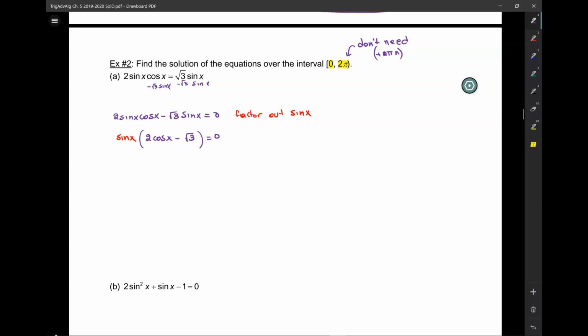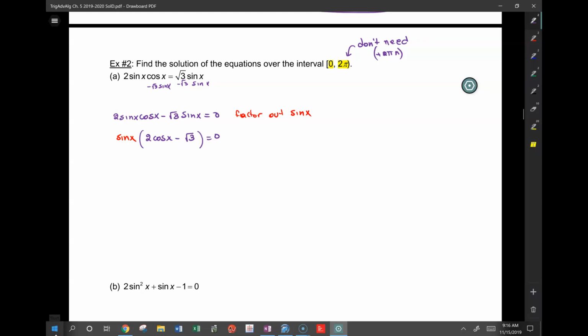Okay. Why do you have to factor this out? In order to be able to solve it. Because now, look at what we're going to be able to do now. Now I have sine x times this parenthesis equals 0. When you have two things that are being multiplied and they equal 0, you can set each one to 0 separately.